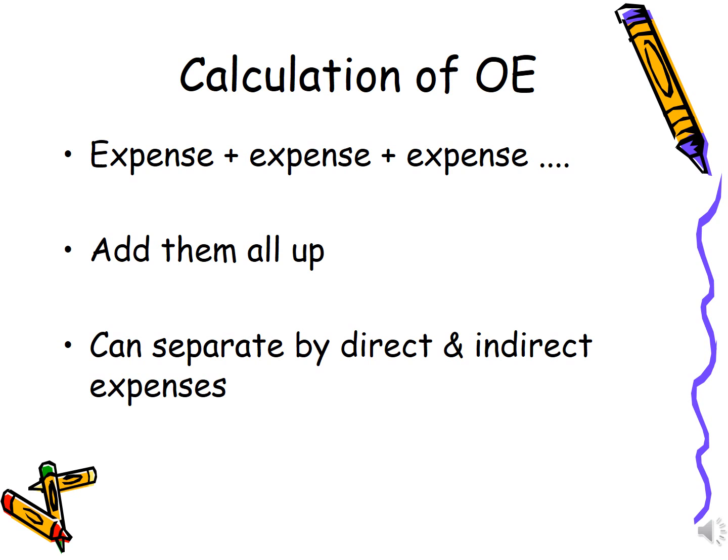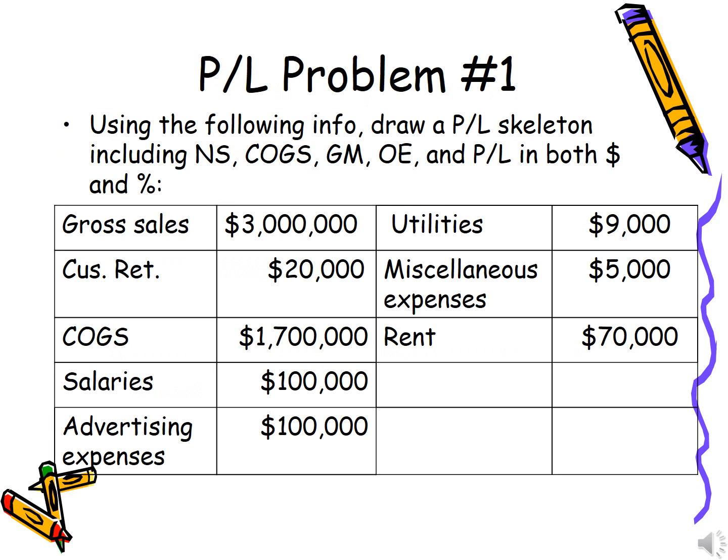To know the total operating expenses, knowing the concept of operating expenses, let's do one problem here. Not only calculating operating expenses, but let's try to draw a complete P&L skeleton that includes all 5 components: net sales, cost of goods sold, gross margin, operating expenses, and profit or loss, in both dollar and percentage, with the given information here.